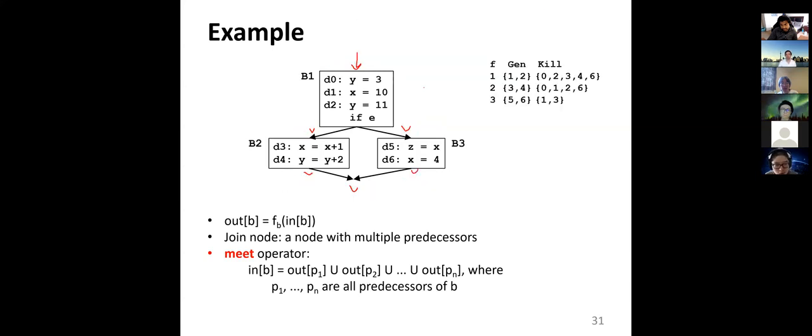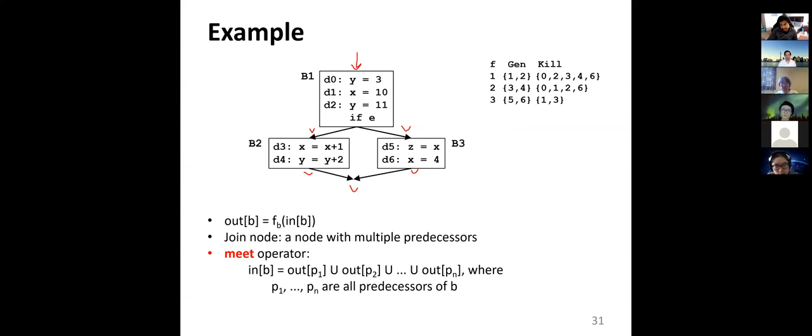So the question is what we're gonna do here. So let's try. Remember the equations from before, I wrote them in the previous slide. Does everyone still remember that, right? The output of the basic block equals the gen of the basic block union input minus kill of the basic block.